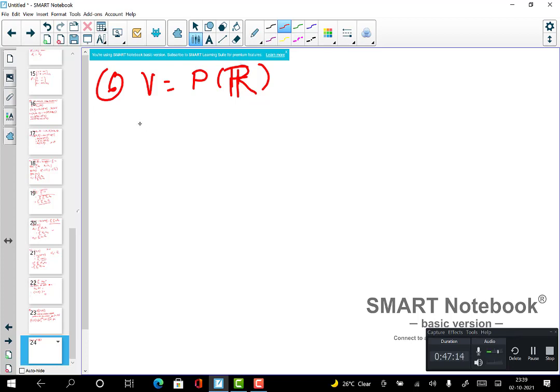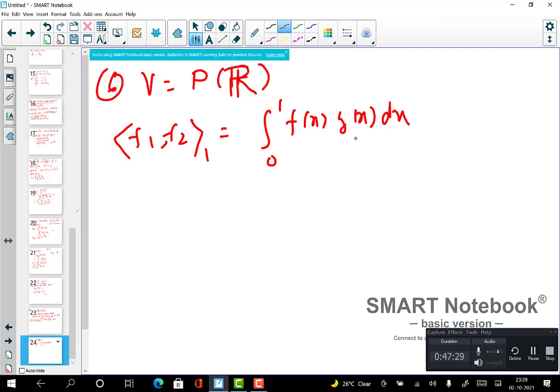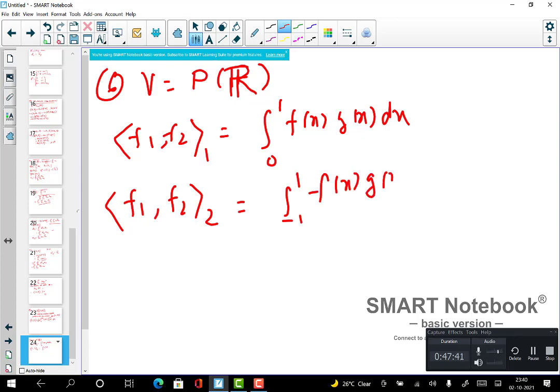In this case, you can obviously define many inner products. Let me define two actually. One inner product is the integral of f(x) g(x) dx, where f(x) and g(x) are polynomials. Then let me define one more, from minus 1 to plus 1, with the similar definition of f(x) g(x) dx.